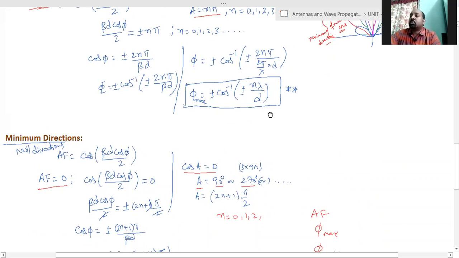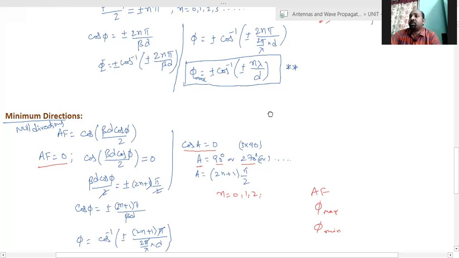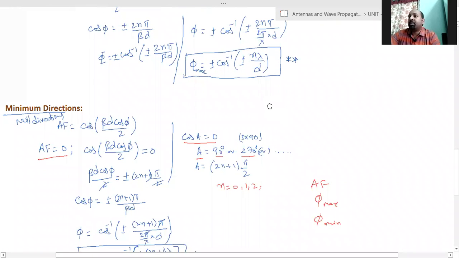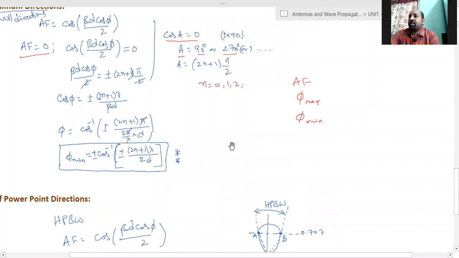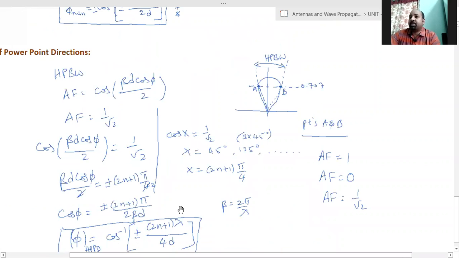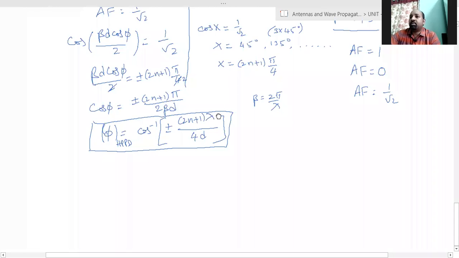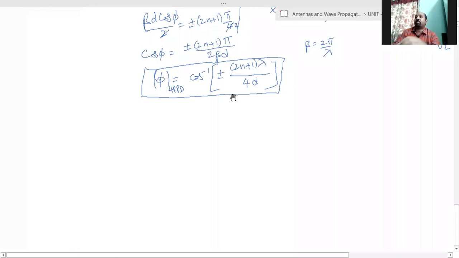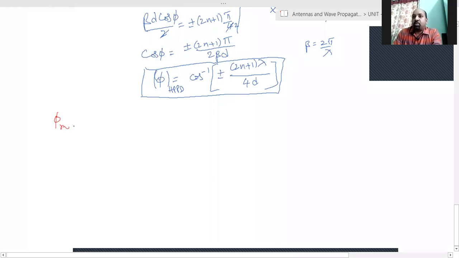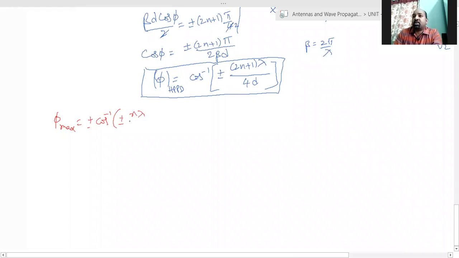Let me write all these equations at one place so that we can refer to them quickly. So phi max is equal to plus or minus cos inverse of plus or minus n lambda by d.